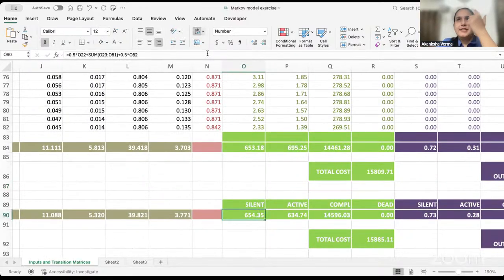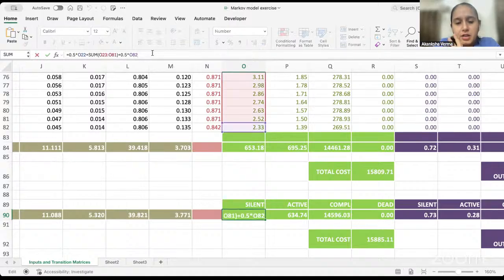You leave the first and last year, and then you multiply the total with 0.5, 50% basically, to apply the cost and the qualities at the middle of the year. How do we correct it? We see the formula here.